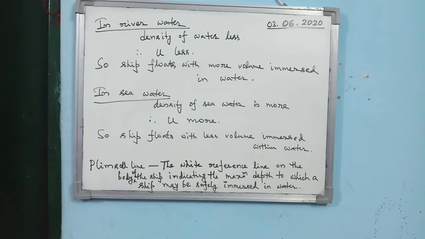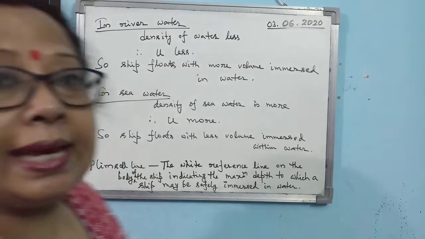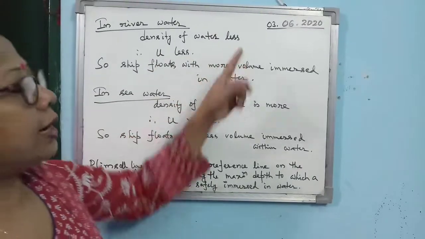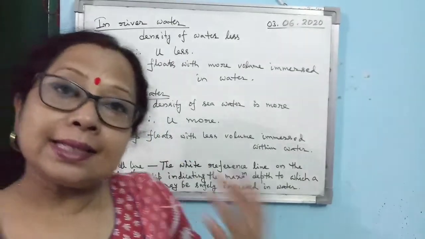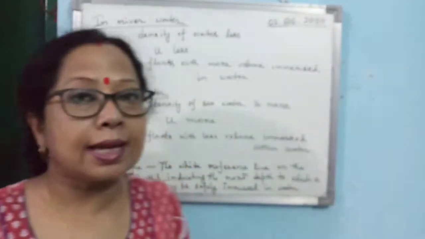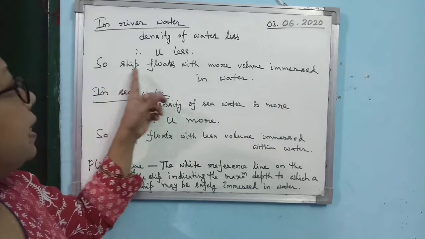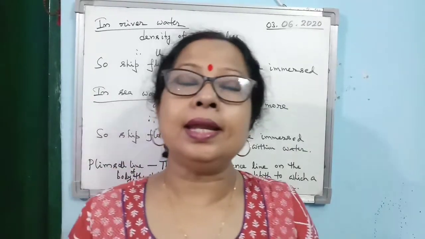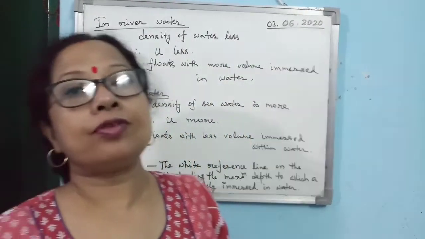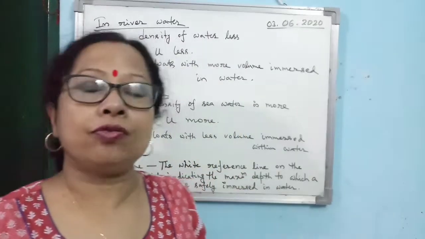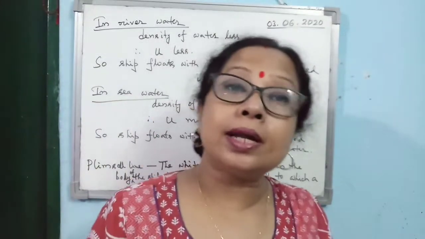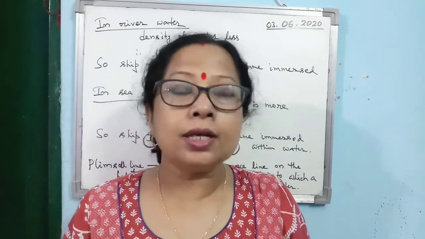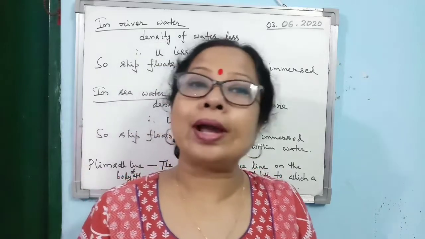Now if you consider the floating of a ship, what happens in river water? In river water the density of water is less, so upthrust is less, which means the ship floats with more volume immersed in river water. Now in the sea, the density of sea water is more due to several minerals and salt present in it.